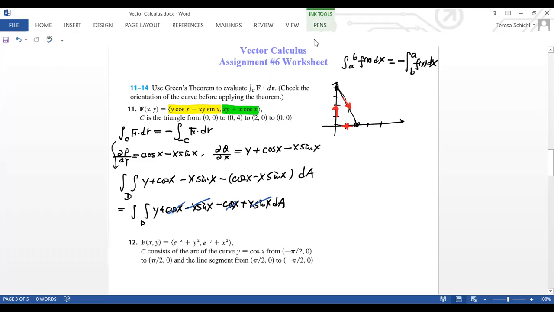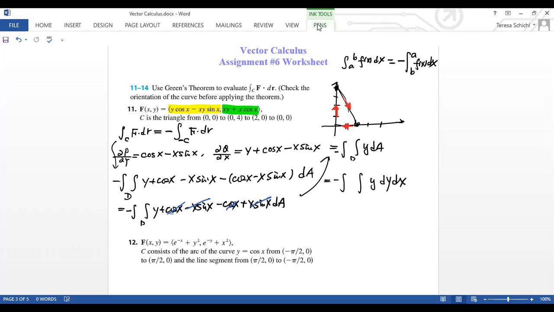So this one is over D. Don't forget, I will still have this negative sign in front of us. Don't forget that negative sign. So I change it to y dA.